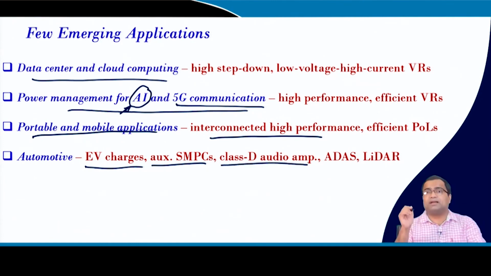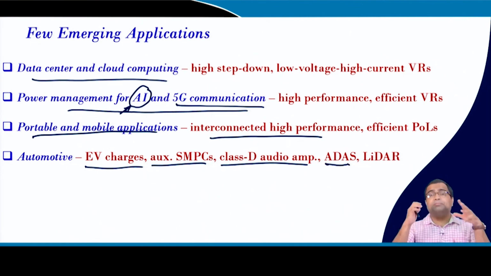Class D audio amplifier is one of the big areas where GaN devices are coming, and where we need to achieve high fidelity, where the audio amplifier should have very low distortion, right.